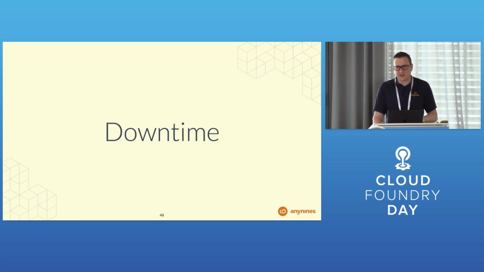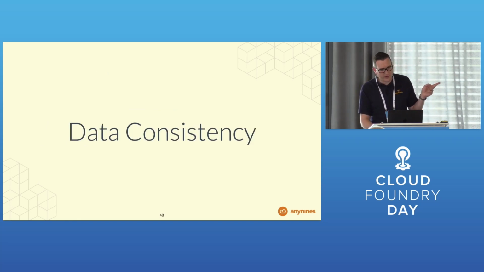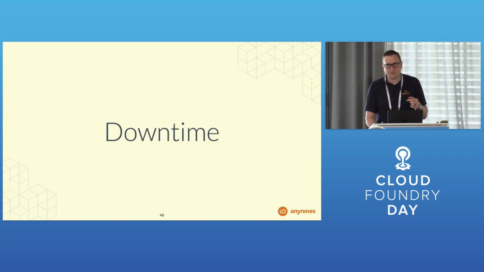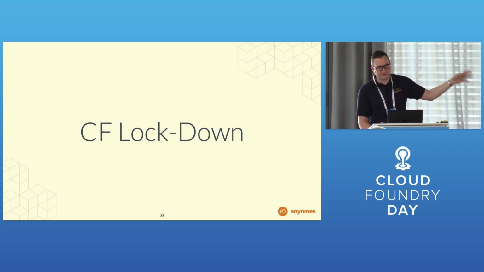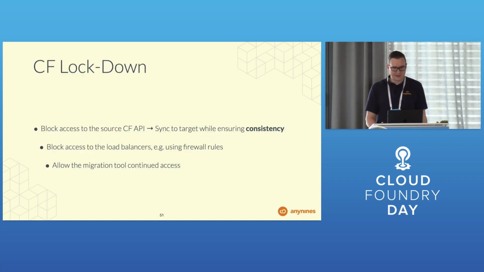So in general, you need to worry about data consistency, which means in the most simple approach, you'd accept a certain downtime, you put Cloud Foundry on a lockdown, and block the API access to the Cloud Foundry API, maybe even to the database instances, and just allow the migration tool to do its magic.